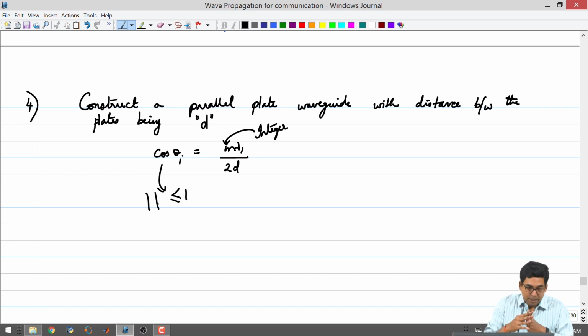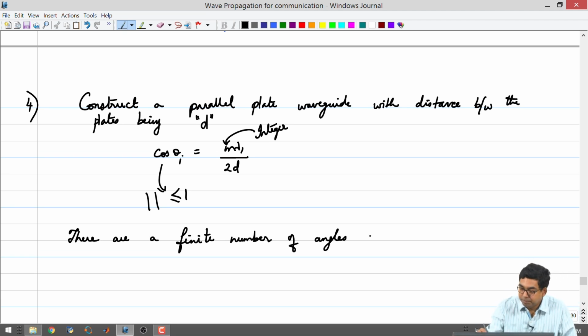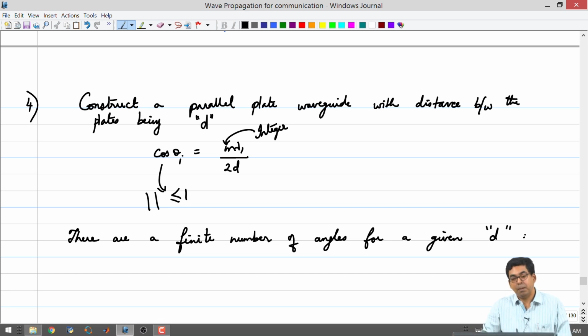All we are trying to say is this cos theta I magnitude has to be less than or equal to 1, which means that already we are seeing that there are a finite number of angles for a given separation, because you cannot keep on increasing m to 3, 4, 5, 6.